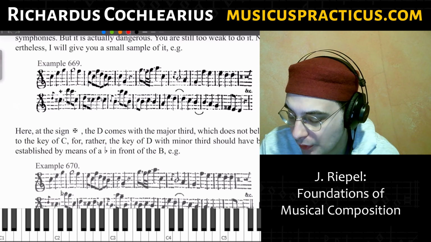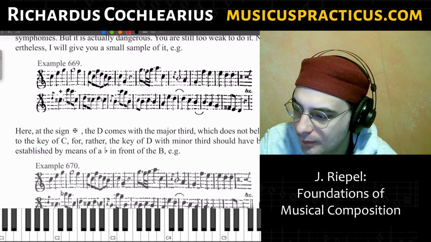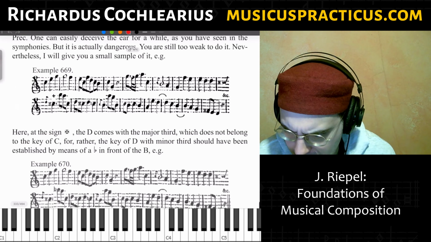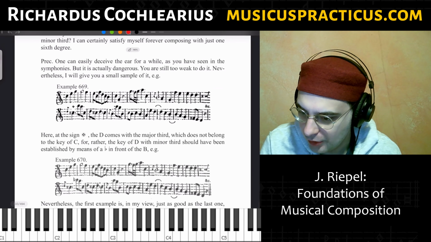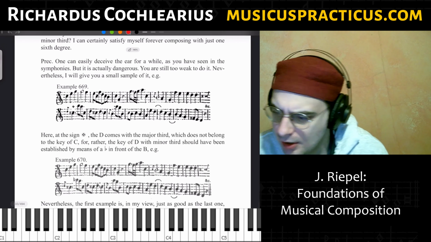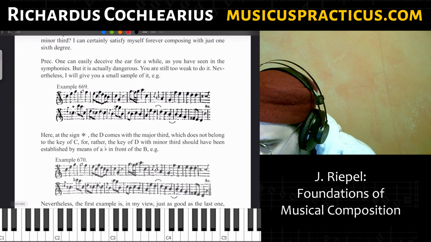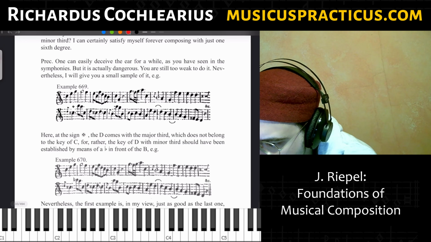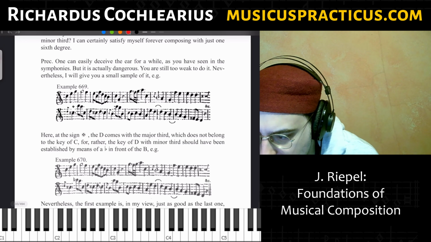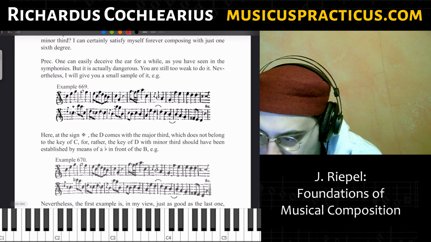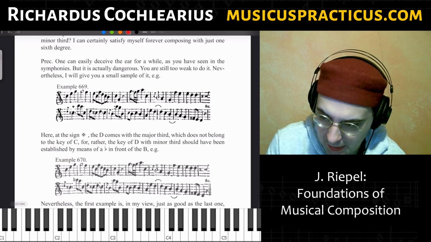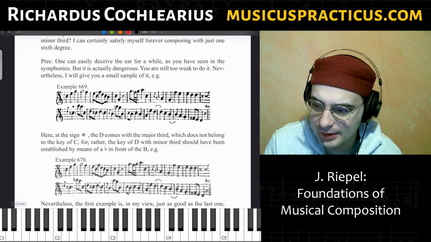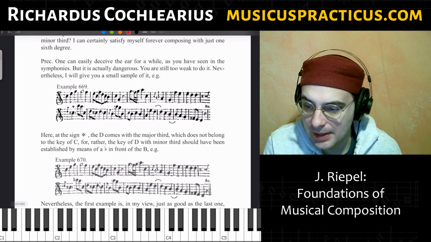What's he saying? D with the major third. No, there's something strange. With the major third, which doesn't belong to the key of C, or rather to the key of D with the minor third, which should have been established by means of a flat in front of the B.